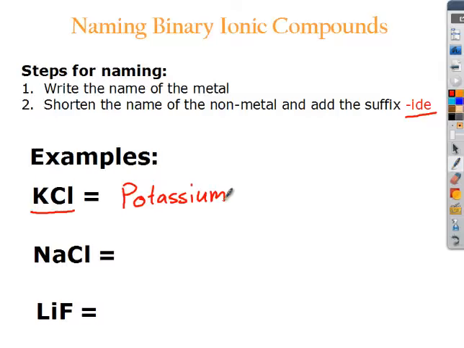Now Cl is my nonmetal, which stands for chlorine, but I don't want chlorine, I want chloride. So I'm going to change the end and put chloride. And that's how you name KCl.